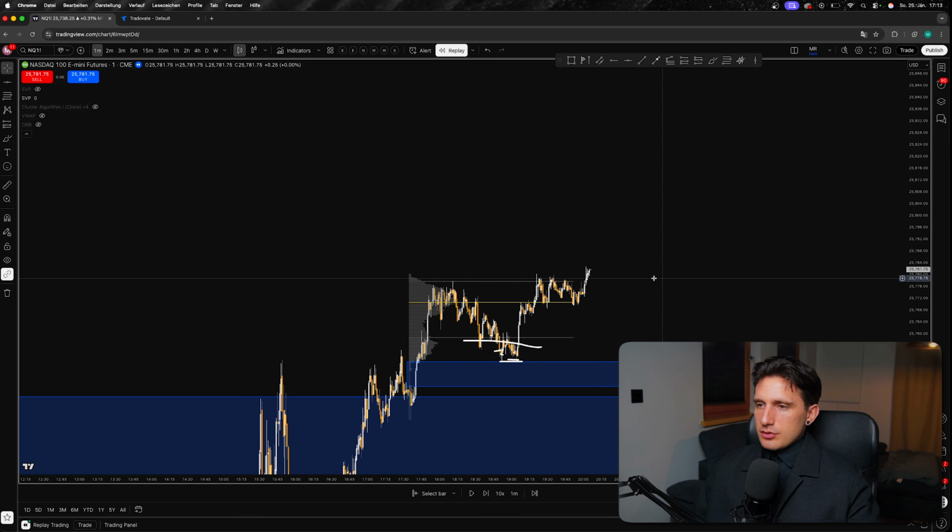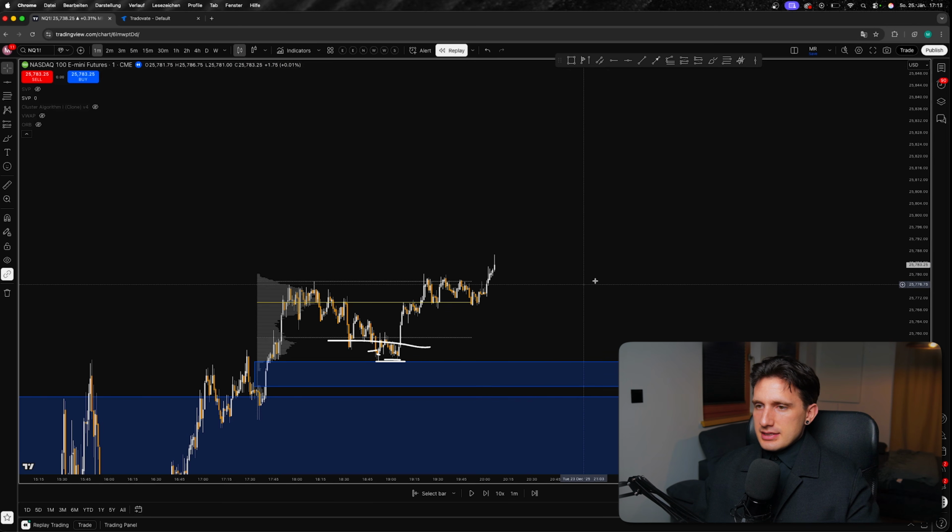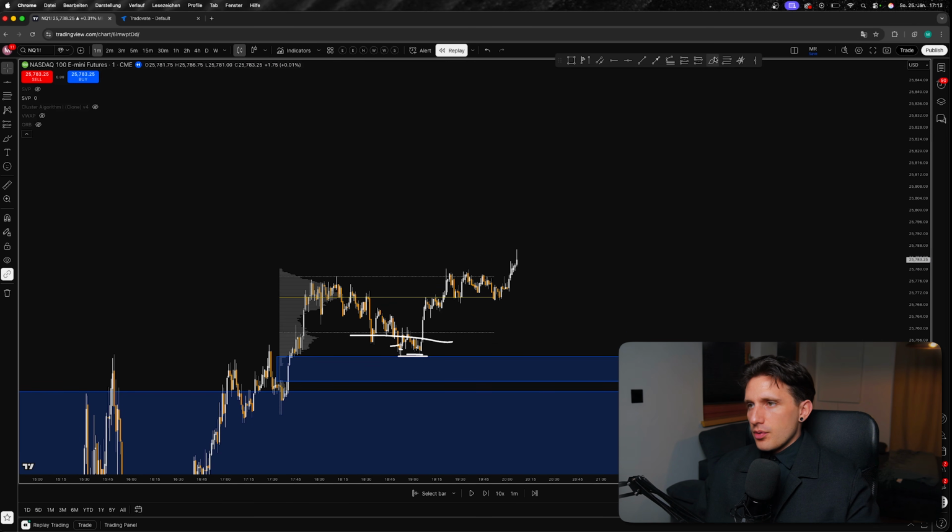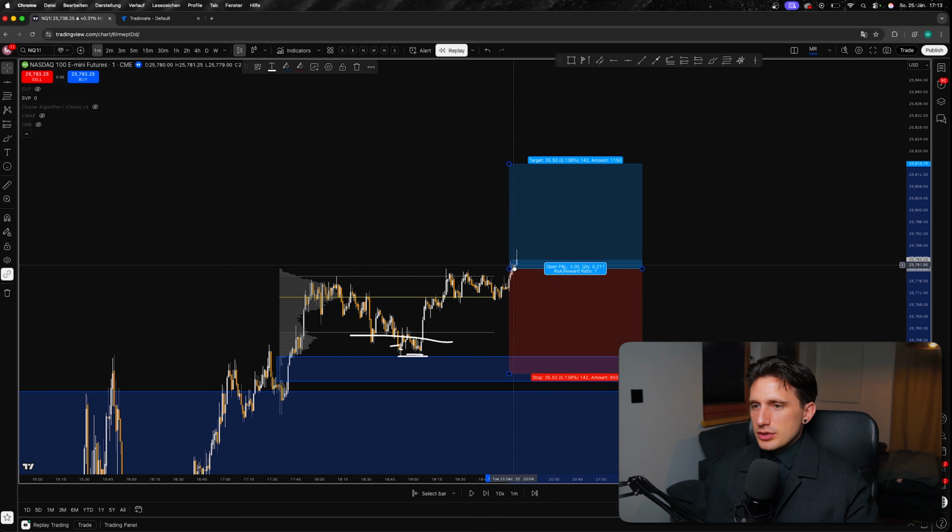So now you can see that we are breaking out of balance, and when it's supported again, guys, on order flow with extremely good buyers right here, that should be a no-brainer to look out for your long position. So let's say we get big buying pressure here and we step in as soon as the market breaks out of value into the market.